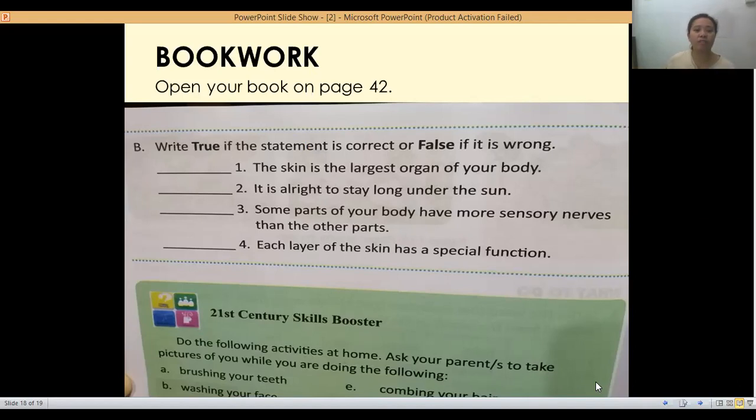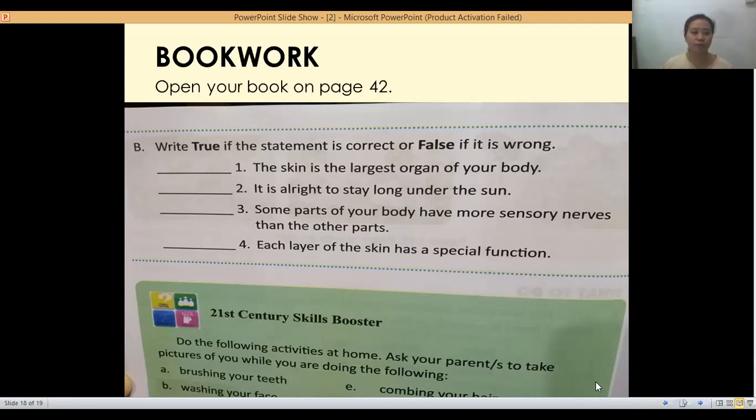Write true if the statement is correct or false if it is wrong. Number 1, the skin is the largest organ of your body. I will repeat, the skin is the largest organ of your body.